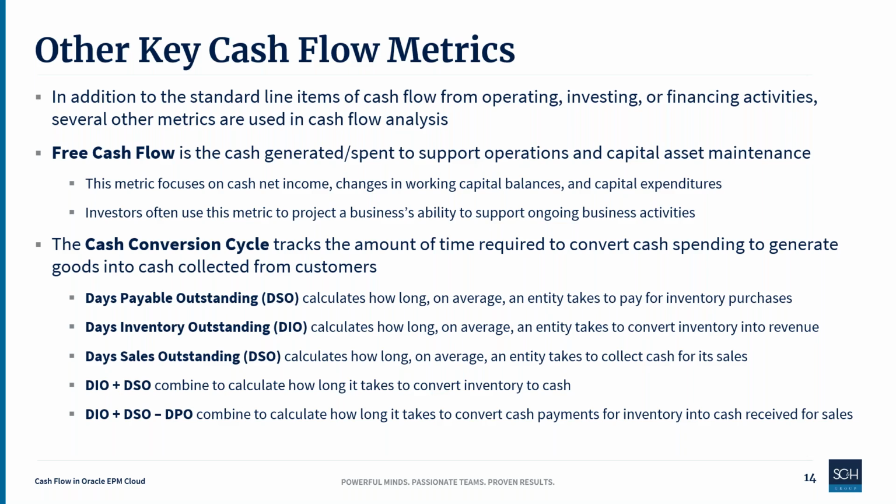Then if you take that number, the amount of time it takes from when you have inventory to when you sell it and collect the cash, and you subtract out the number of days that you took before you paid for that inventory, that net amount is how long it takes to convert the cash that you're spending on that inventory to the cash that you're collecting from the customers. Obviously, a smaller number of days is better. And you'll see a lot of companies, especially in manufacturing, put a lot of focus on these metrics for that reason.